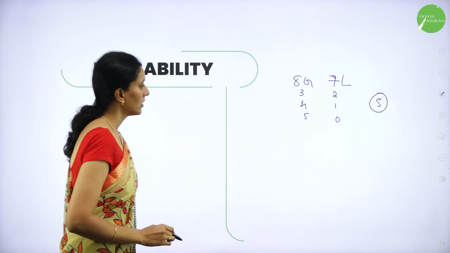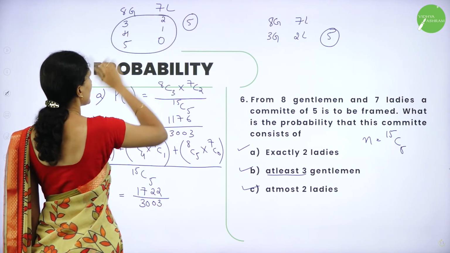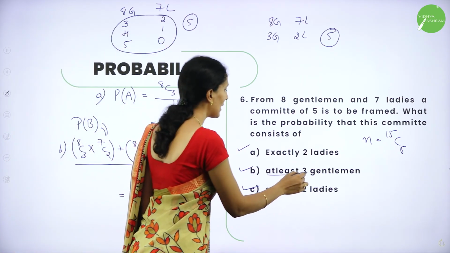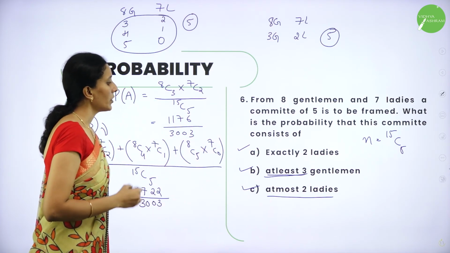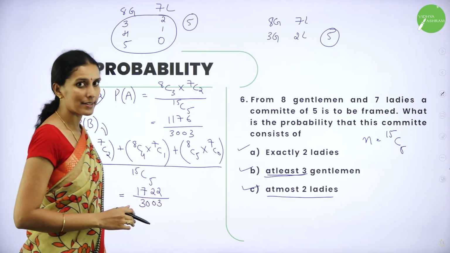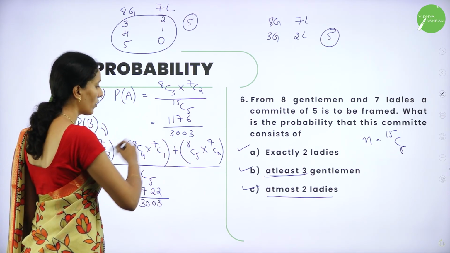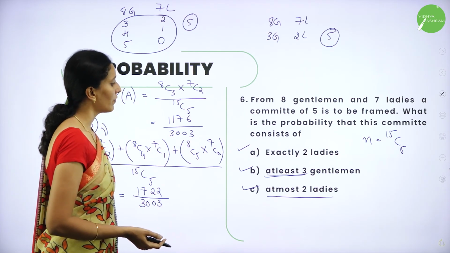You can see that the selection is the same as the previous one. At least 3 gentlemen is nothing but at most 2 ladies. So for this question, you can just write the direct answer, since you have already calculated it; no need to calculate again or write it out.